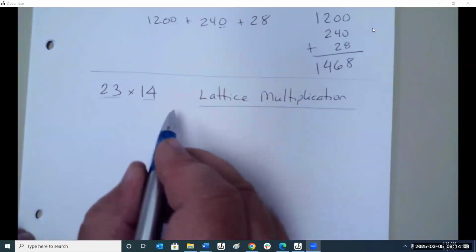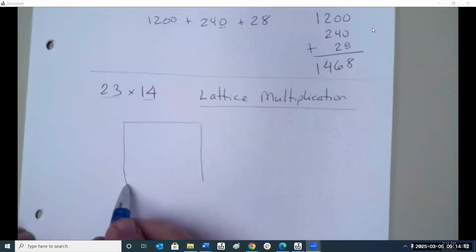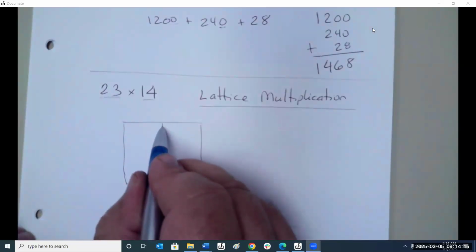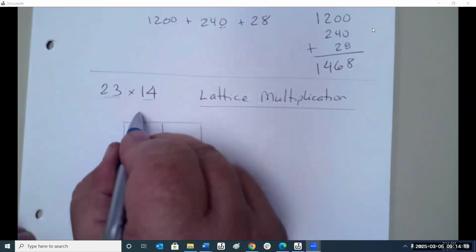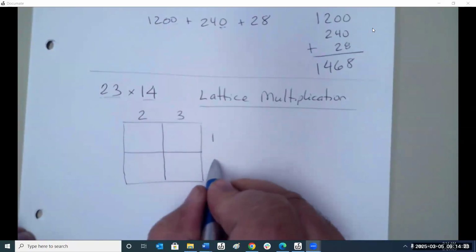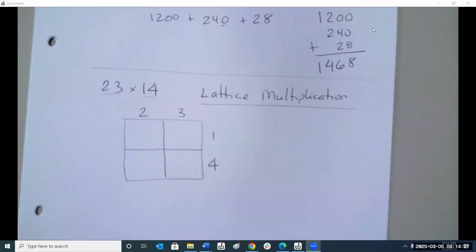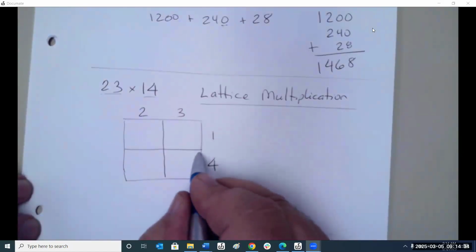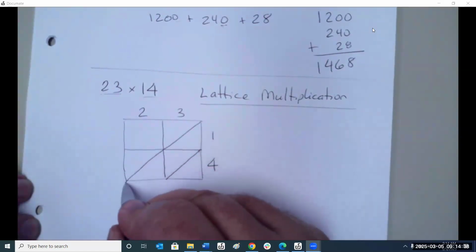Since we have two-digit numbers, the 23 goes here. And the 14 goes here. Again, these are our lattices.